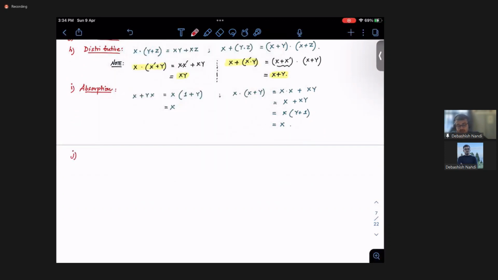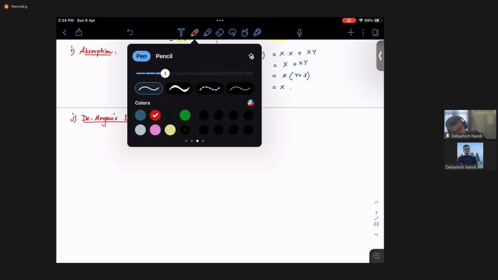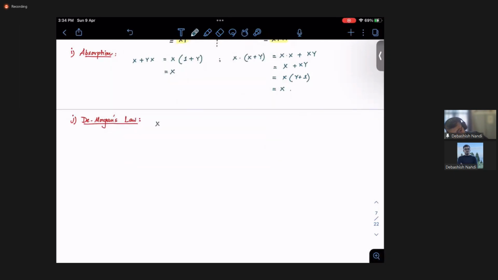So we have two more properties. This one is very familiar and I am sure all of you must have studied this in your +2 level. That is called De Morgan's law. And what does De Morgan's law say? It tells us that if you have this kind of stuff, (xy) naught, it is nothing but the same symbol, it is nothing but this.